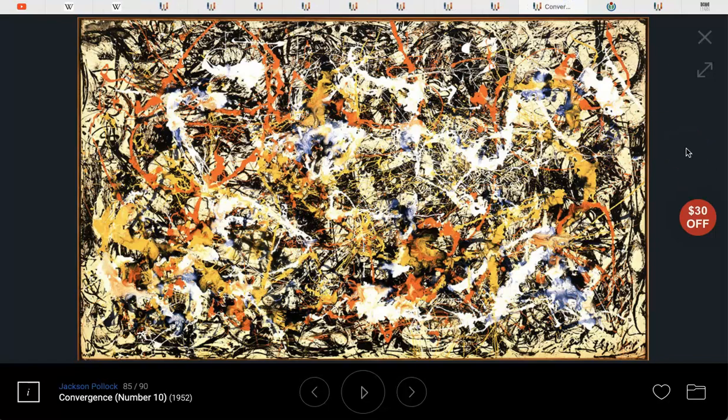I mean, it's an absolute mess. And the criticism is that a 3-year-old or a little child could do this. Yep, they could. And children love making a mess. They can't wait to make a good old-fashioned messy mess. Right? Jackson Pollock, too. He loved making a mess.